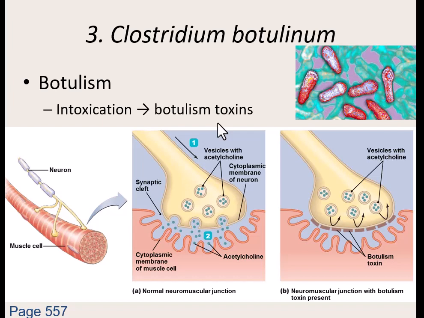That's an issue because we have a diaphragm that is made up of skeletal muscle, and it's your diaphragm that allows our lungs to change volumes and allows us to breathe.